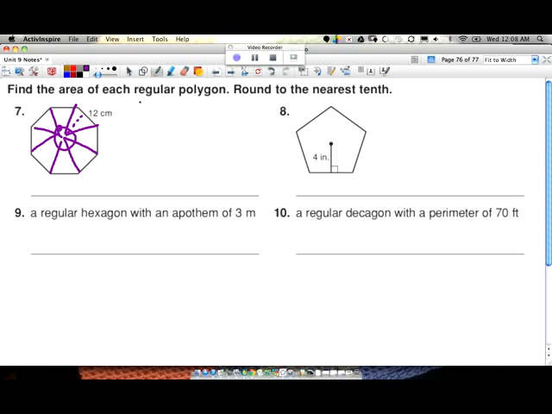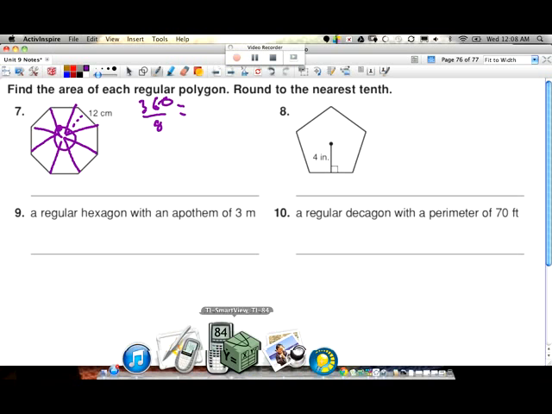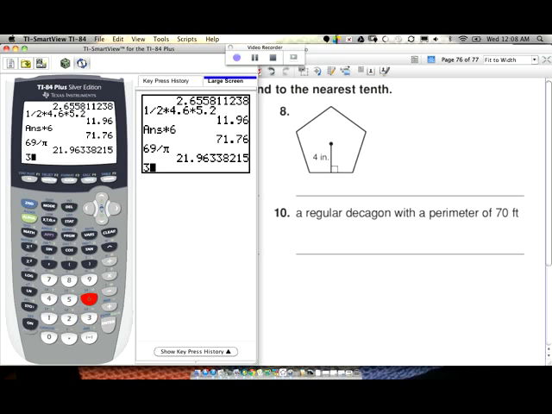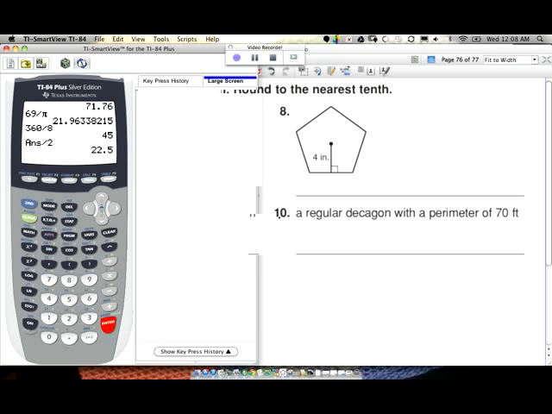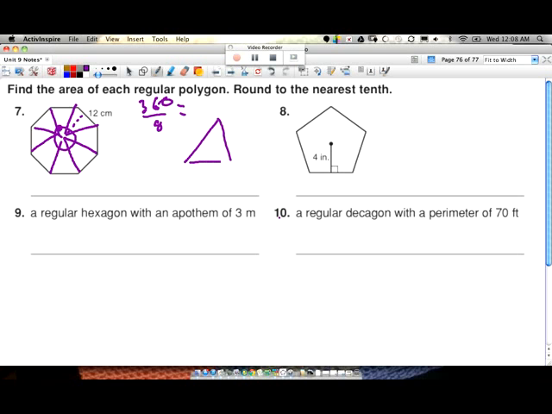It's 8 central angles, so we're going to take that 360 divided by 8, and what would that give us? 360 divided by 8 would give me 45. I'm going to divide that by 2 again, 22.5. What does that tell me? Well, when I have a triangle, and I know that this is 45, each half of that is 22.5.